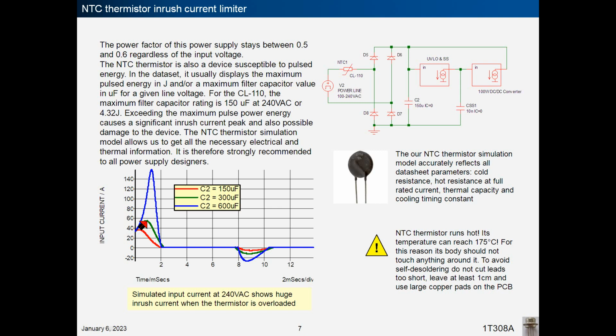It is not good, because it is abnormal operation of the thermistor. At a filter capacitor value of 600 microfarads, the inrush current goes so high, over 140 amps. This is definitely an abnormal value and may cause the thermistor destruction.